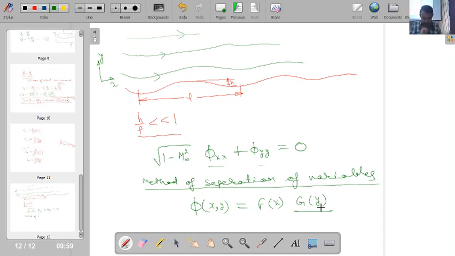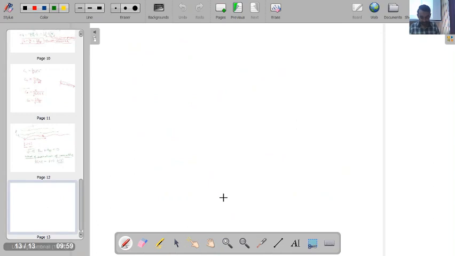So now, if this is the case and I have to calculate del phi by del x, it will be df by dx into g of y.